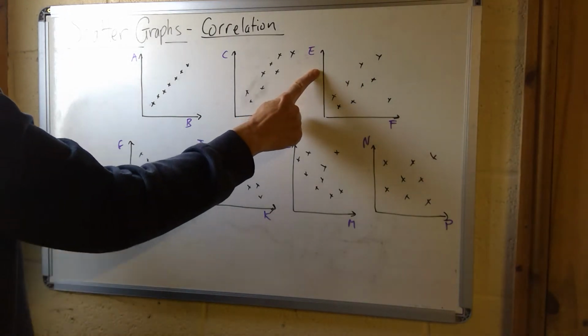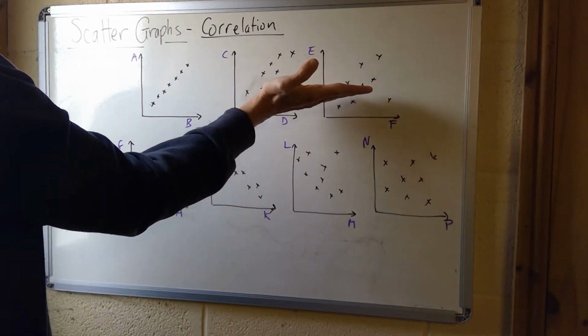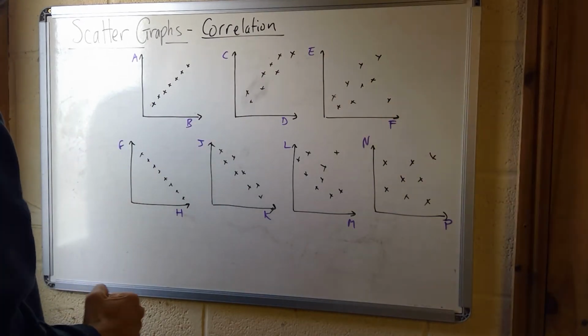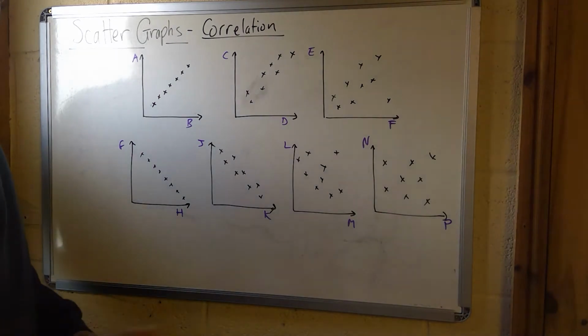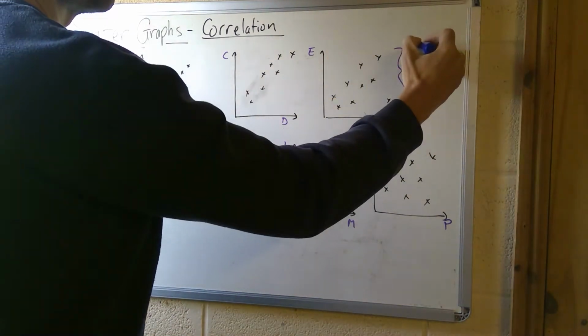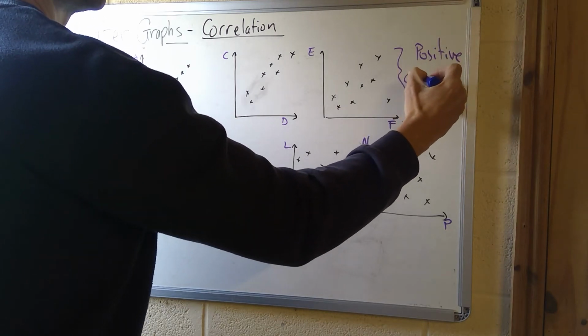The third scatter graph here, as the values of E get bigger, as the points get further up the E scale, they also get further along the F scale. So these 3 are all types of positive correlation.